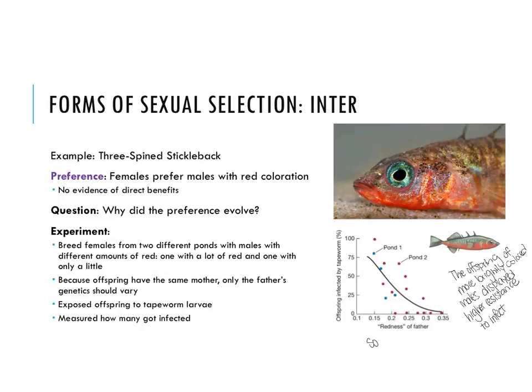So color, which is the trait selection based on, indicated something to the female, that mate had some sort of good genes that would make their offspring more fit.